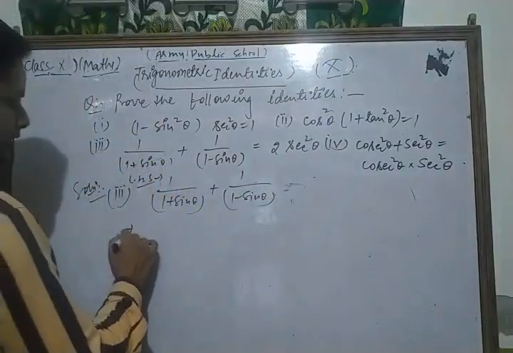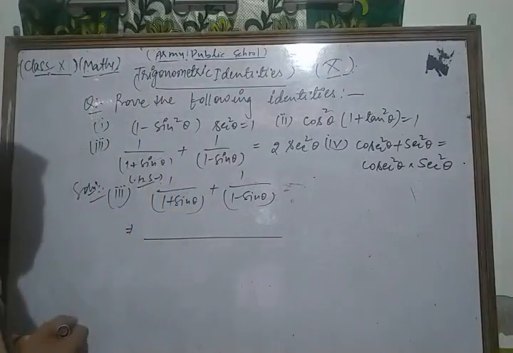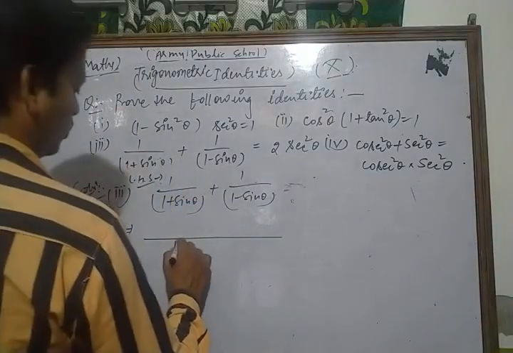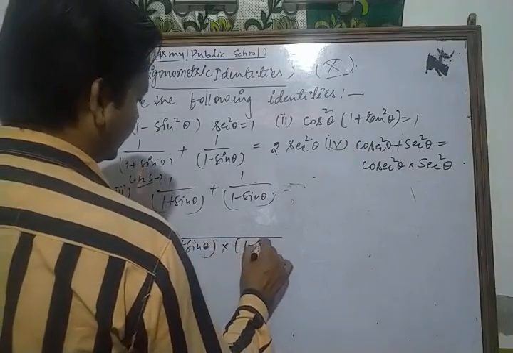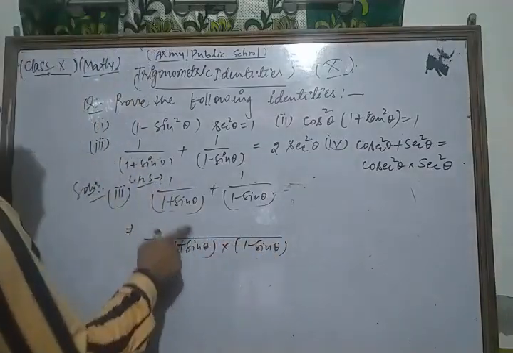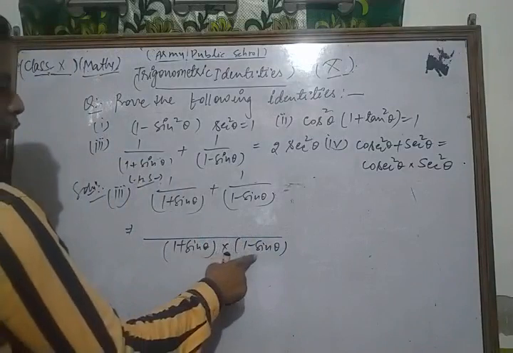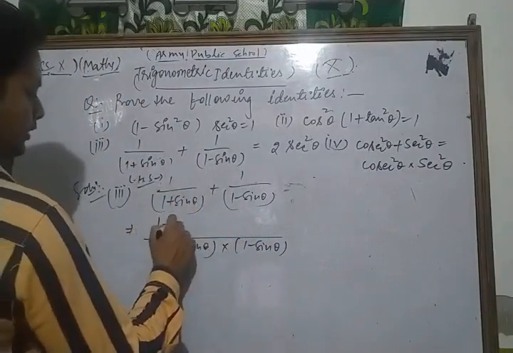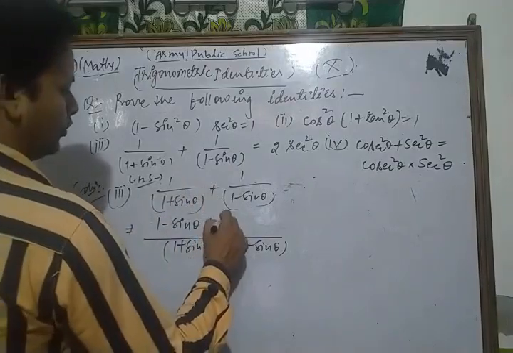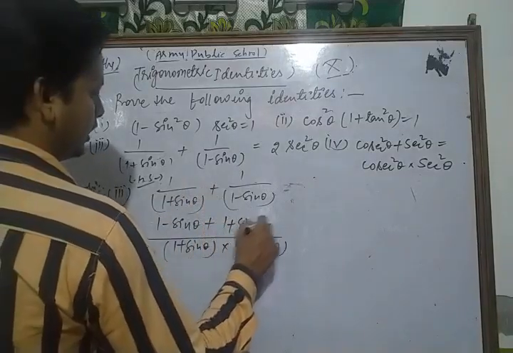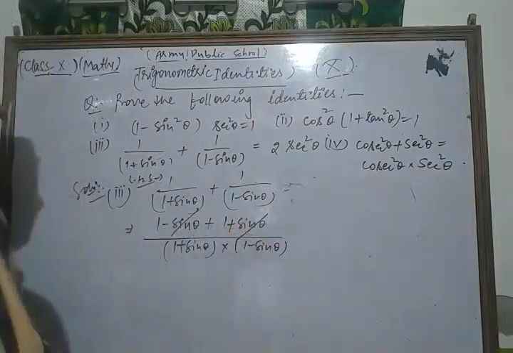First of all we take the LCM of their denominators. The LCM is (1 plus sin theta) into (1 minus sin theta). Now 1 minus sin theta into 1 is 1 minus sin theta, plus 1 plus sin theta. So we get 1 plus sin theta.